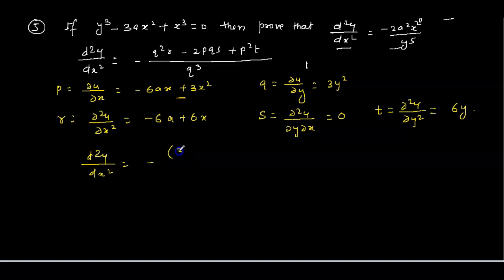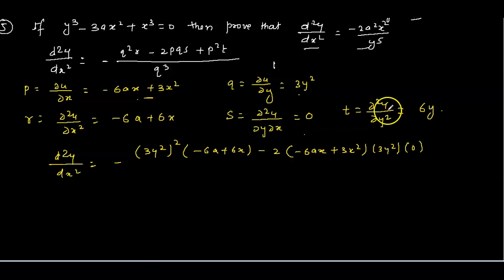So I will write this one as 3y squared whole squared, times r, which is this one, minus 6a plus 6x, minus 2 times pqs. p is this, q is this one, and s is 0. So minus 6ax plus 3x squared times 3y squared, and this is 0.